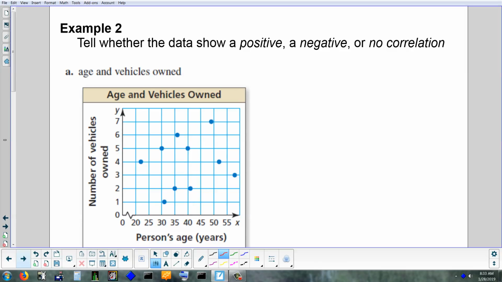It's going to be no correlation. Again, we haven't gotten into the line of fit yet. All we're asking you to do with these ones is just identify positive correlation, negative correlation, or no correlation at all. So this is talking about age and vehicle zone. Again, no correlation.